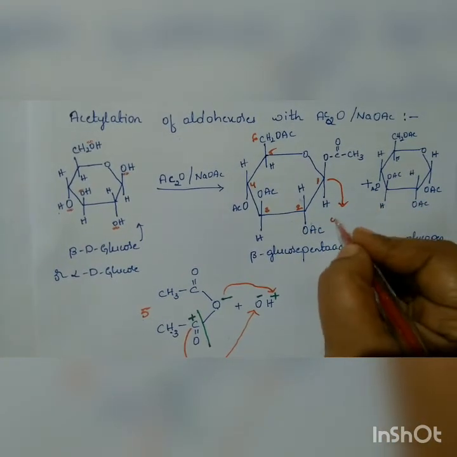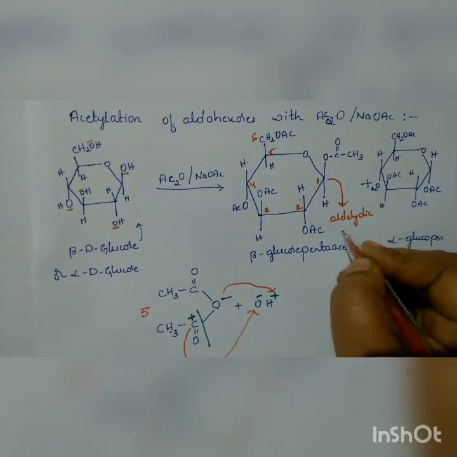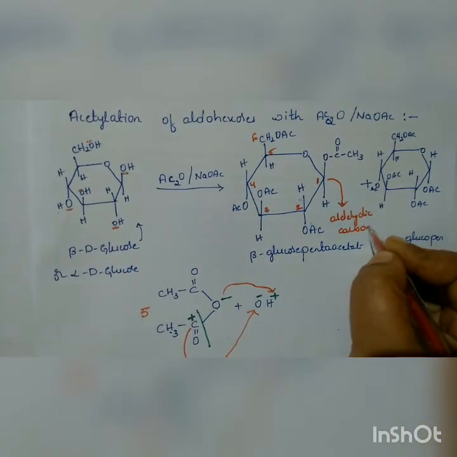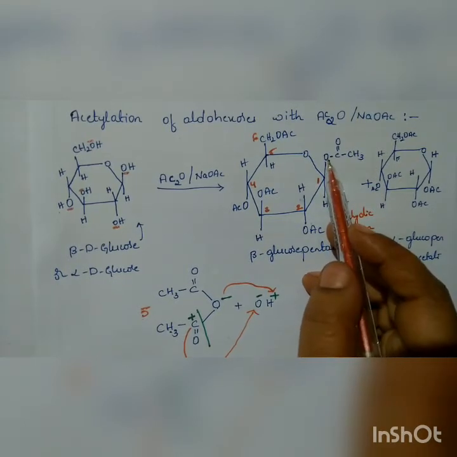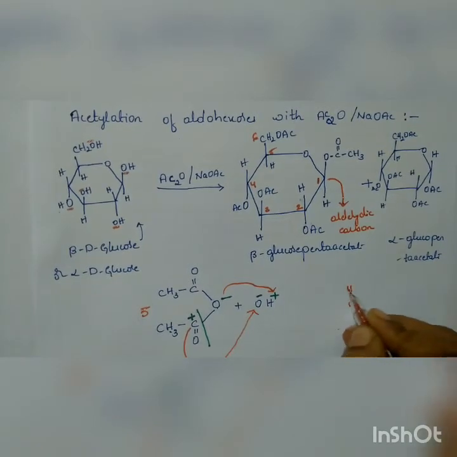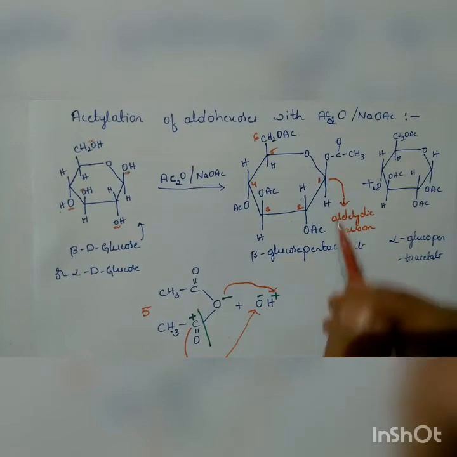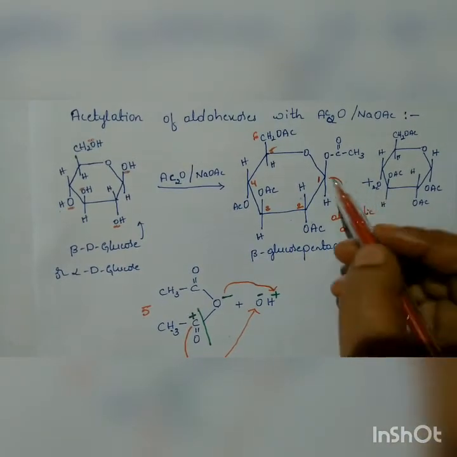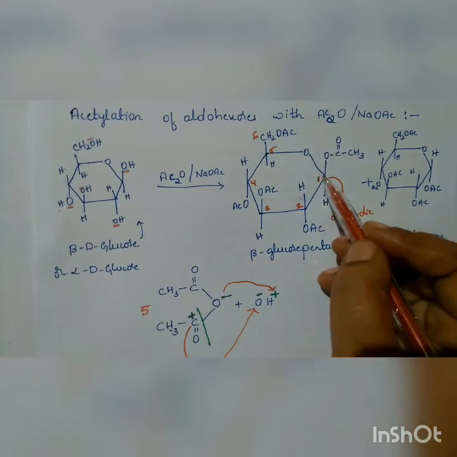If you consider the aldehydic carbon, an aldehydic group should be CH double bond O. But this aldehydic first carbon is linked with the fifth carbon through an oxygen atom.